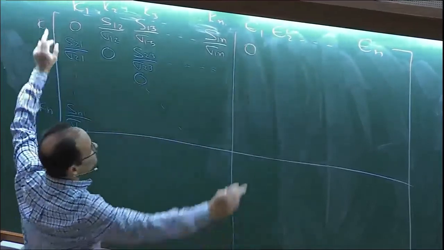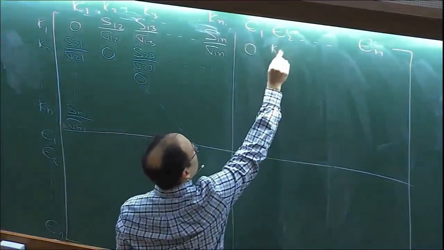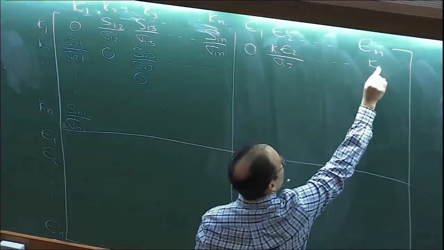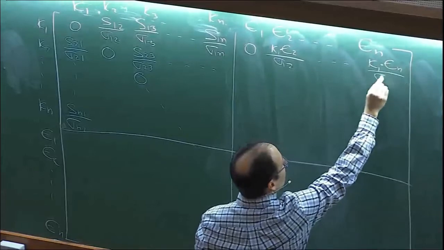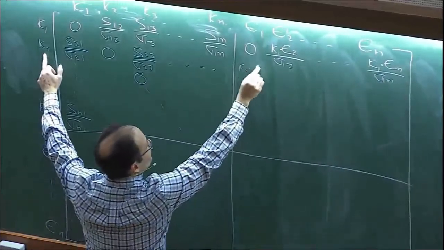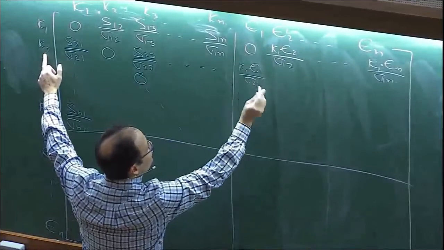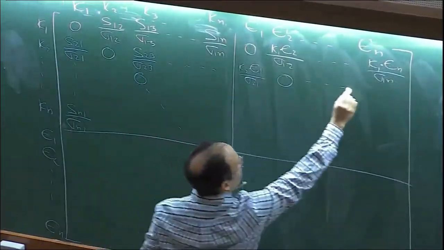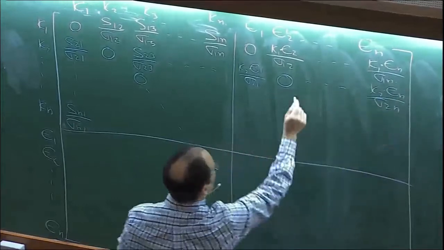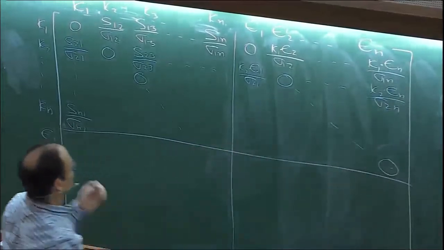So k1 with epsilon 2 divided by sigma 1, 2, all the way to k1 dot epsilon n divided by sigma 1n. And here k2 dot epsilon 1 divided by sigma 2, 1. Here 0 again, all the way to k2 dot epsilon n, sigma 2n. And you keep going, you get to 0 here.